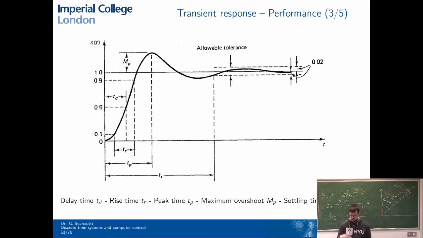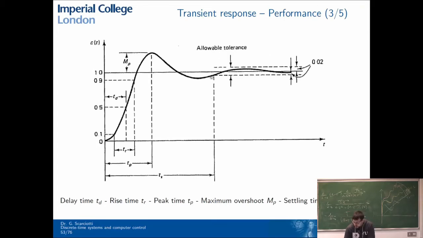So we can compute this percentage when the steady state is not actually 1. What is the next criterion? The next criterion is the peak time. The peak time is the time at which the overshoot happens.